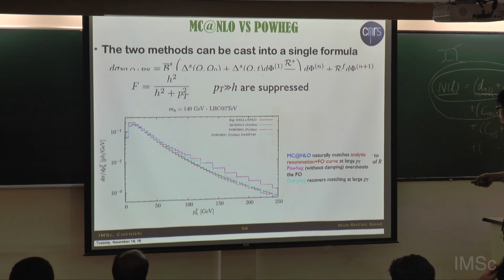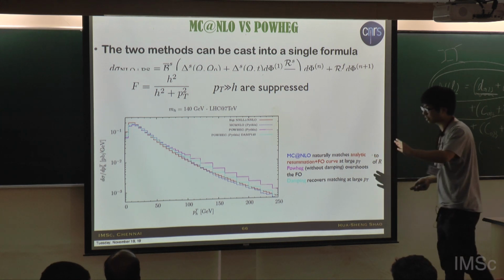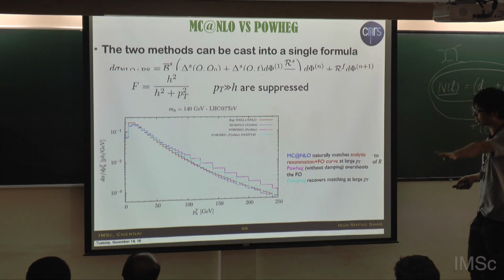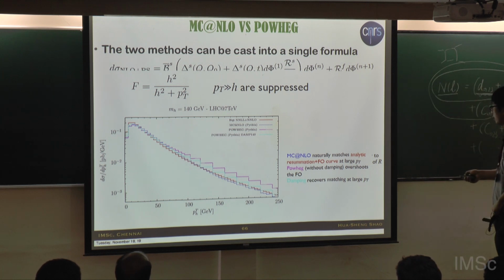You see that without the damping factor, F equal 1, all the matrix elements go to the singular region. Actually, POWHEG has overshot the fixed-order calculation a lot. But with the damping factor, things you put back.